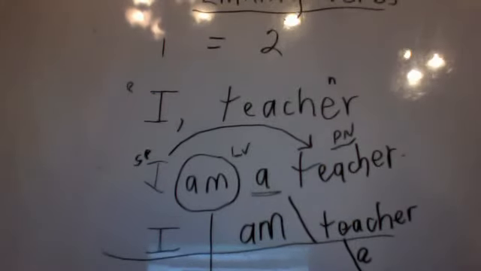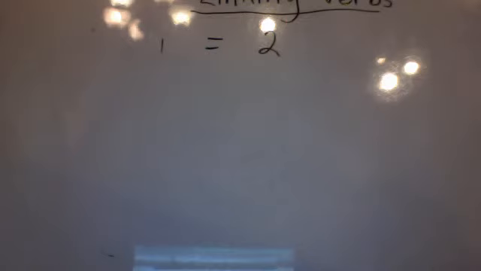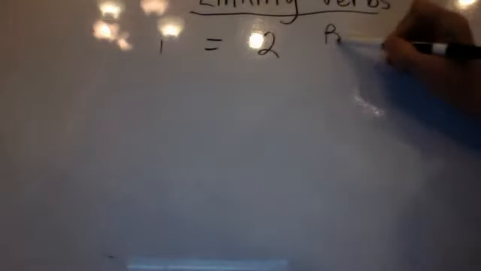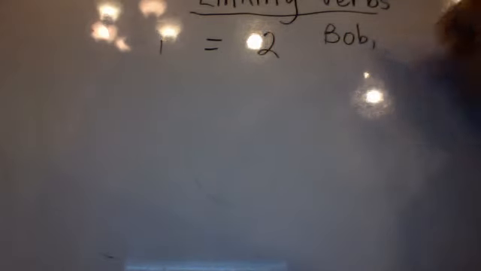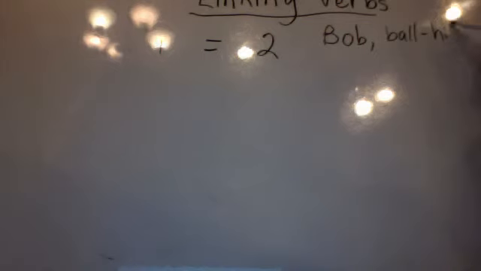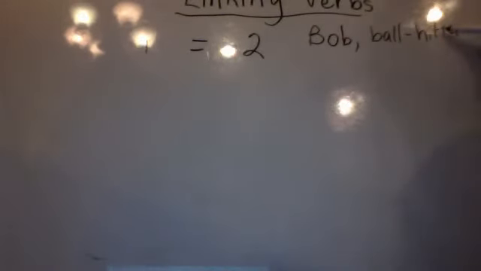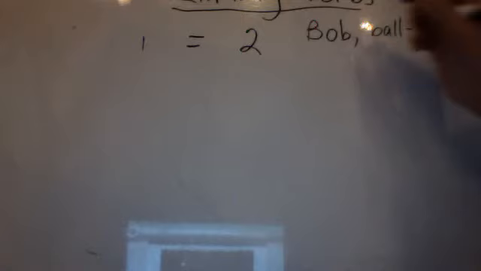So let me give you a few more examples. Okay, let's use Bob and ball hitter. We'll use ball hitter as one word. Bob equals ball hitter. We have our thing 1 and our thing 2.